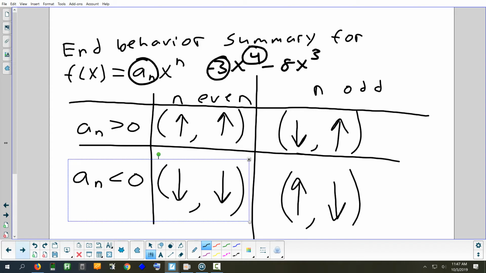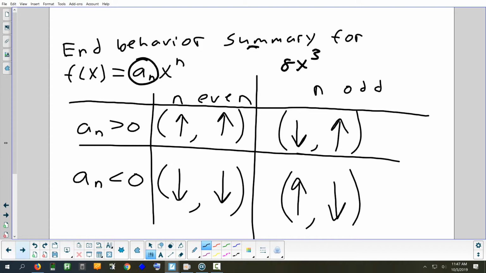If your highest exponent is an odd, then you're going to have up, down, or down, up. You're going to have down, up if the number in front is positive. Like if I did something like 8x cubed. Odd, positive, right there. Odd, negative, right there.